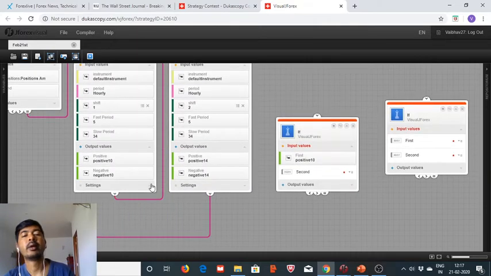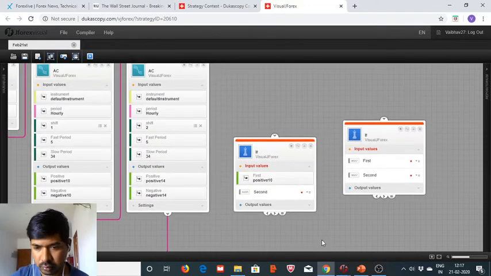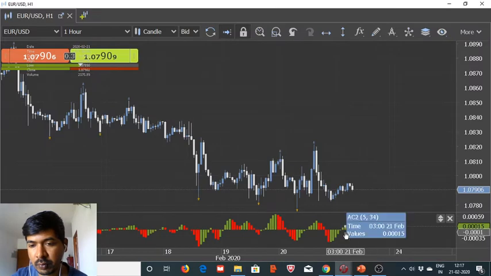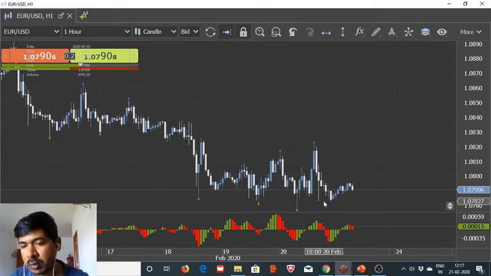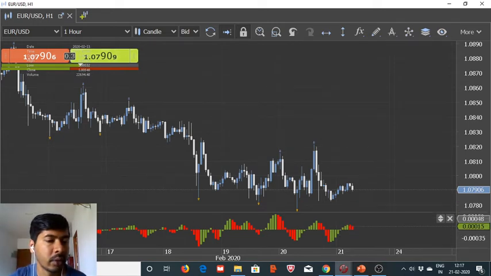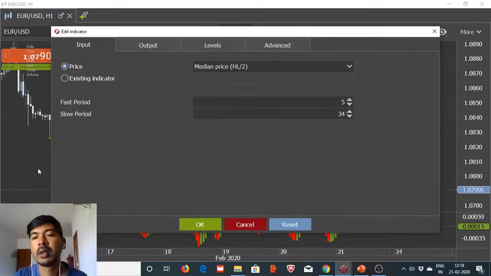And here what we will need is, so let's also see how it has been defined here.